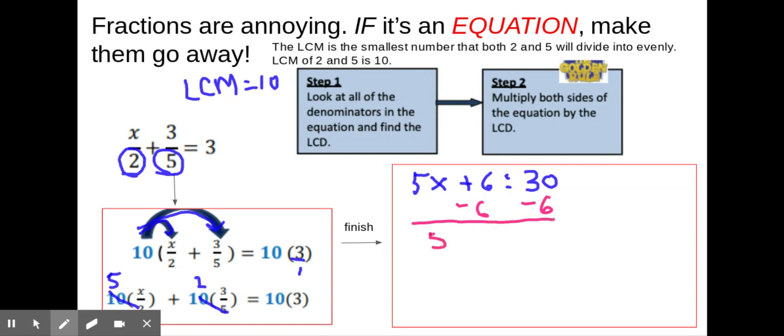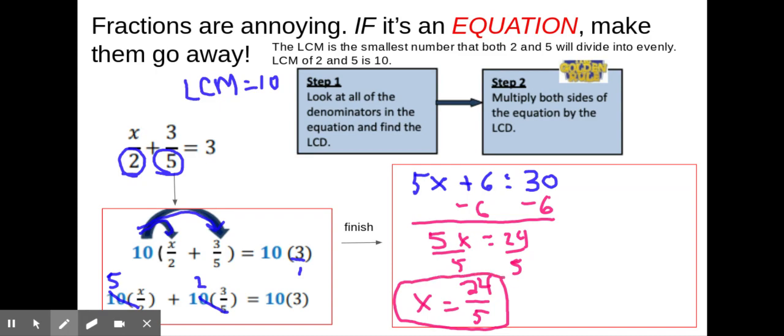I get 5x equals 24. And when I divide by 5, I get x equals 24/5. Now there's no reason to change this fraction because that's the solution. It's not bothering you.